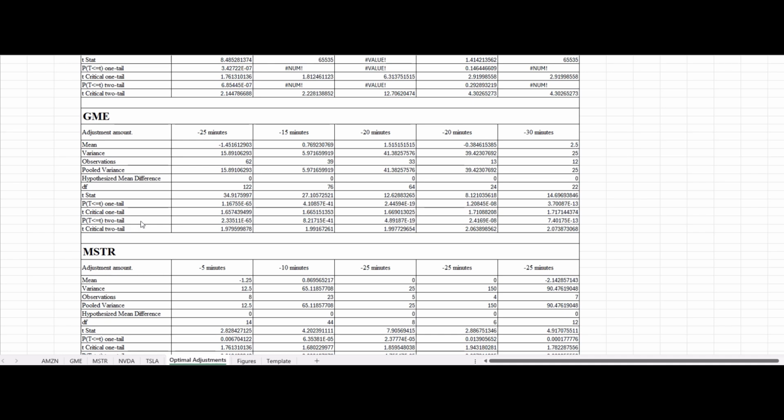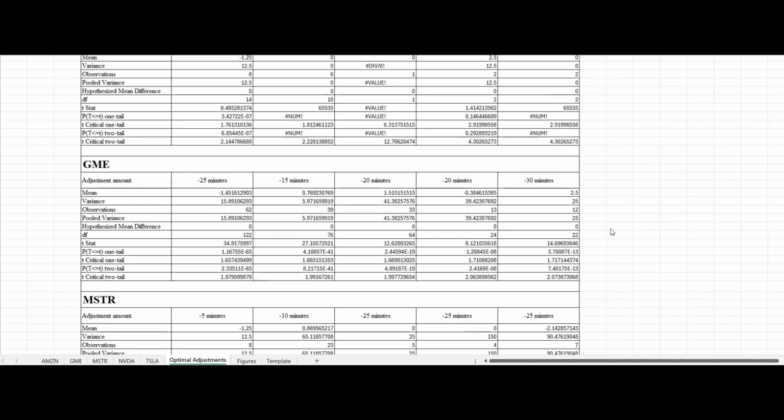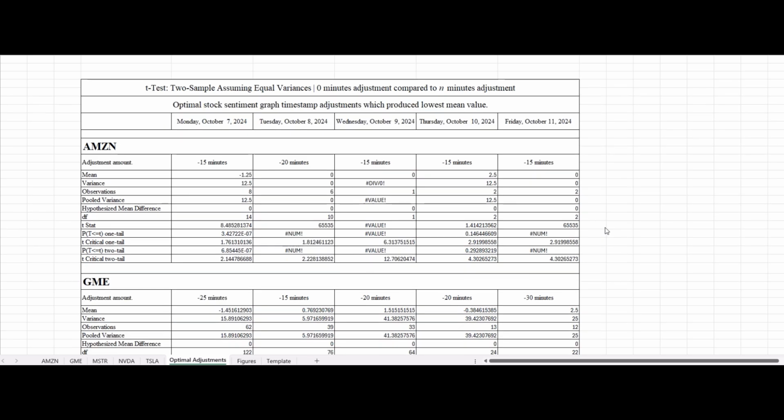So the statistical significance cutoff would be anything 0.05 or above, which would be considered not statistically significant. However, we can see that all of our two-tail p-values are well below 0.05. And that is the data analysis.